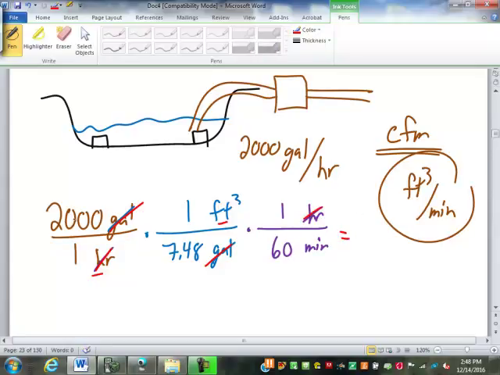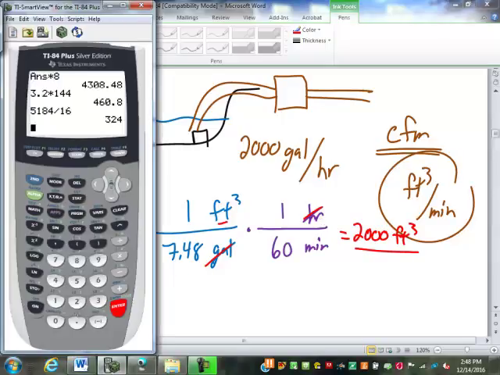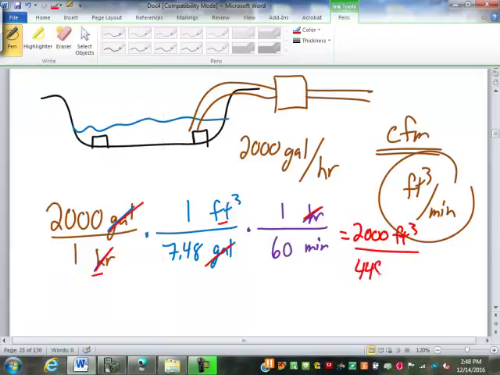On top here I have 2,000 times 1 cubic foot times 1. That is 2,000 cubic feet. On bottom I have 7.48 times 60 minutes, which is 448.8 minutes.